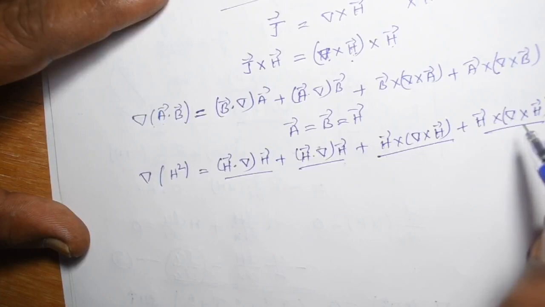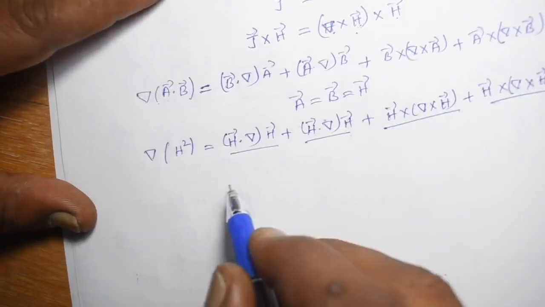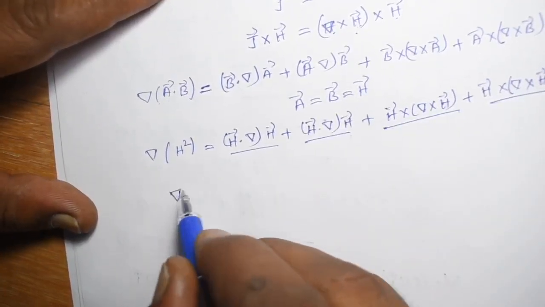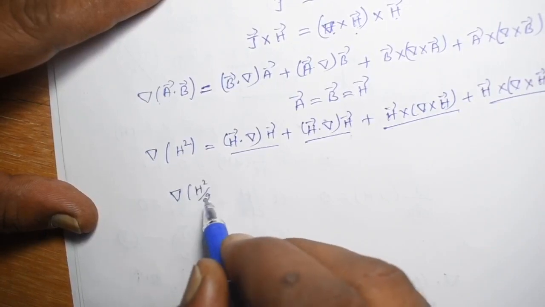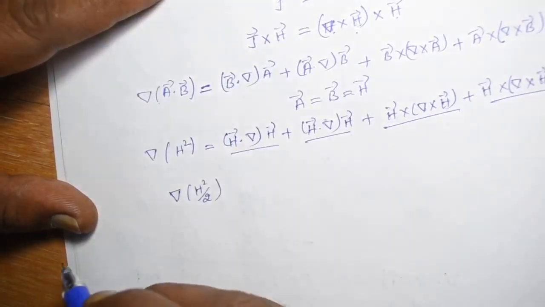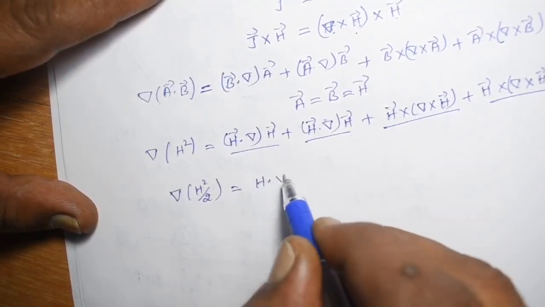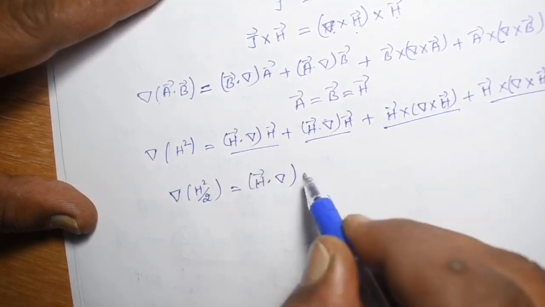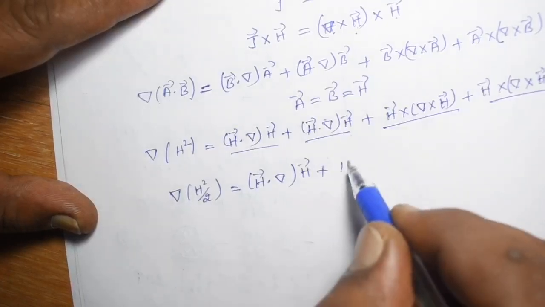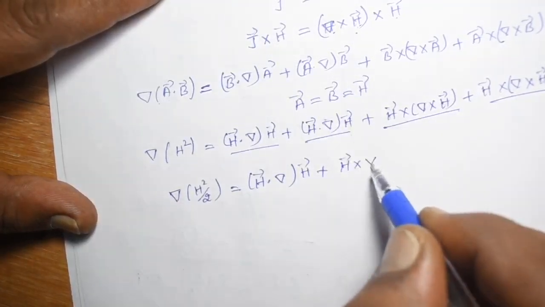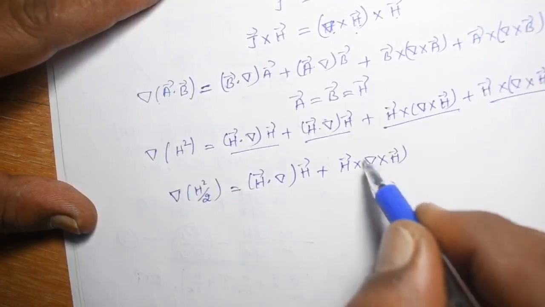By simplifying, gradient of H squared by 2 is equal to H dot del of H plus H cross del cross H.